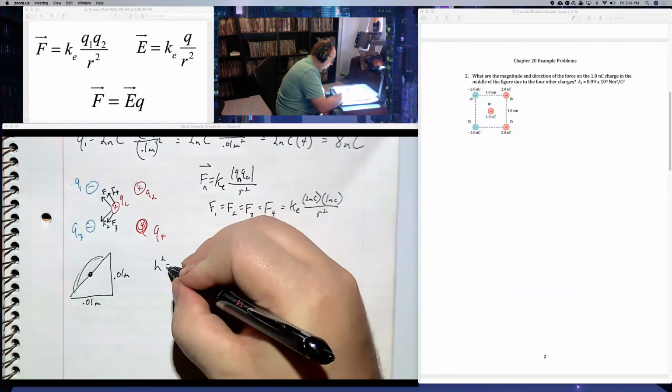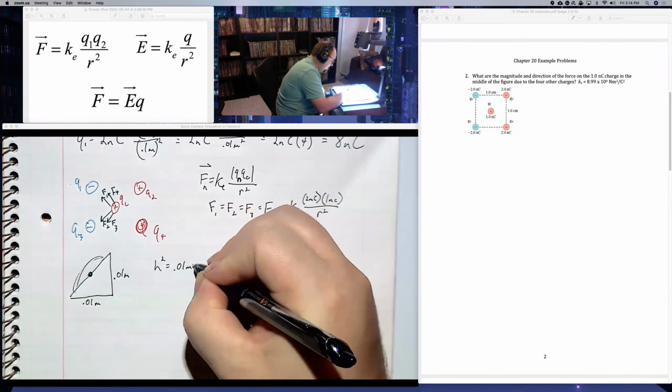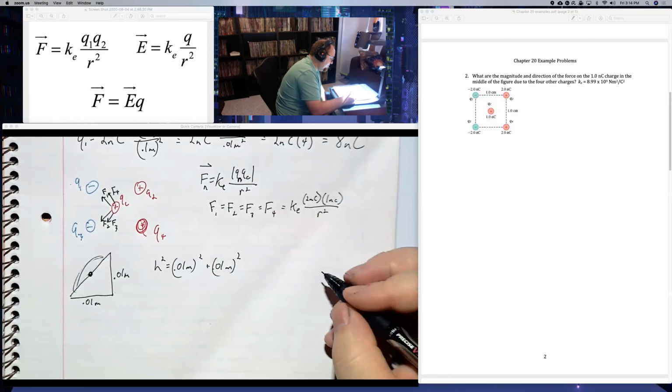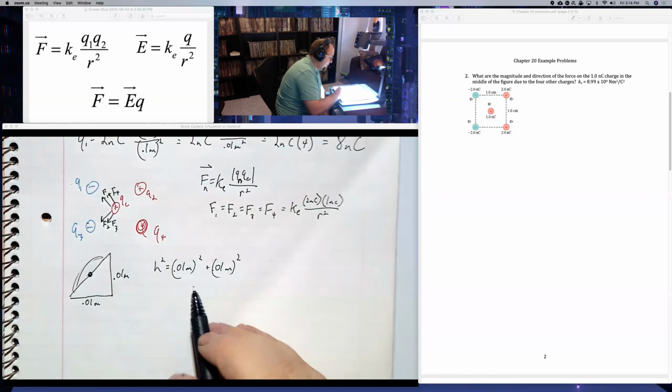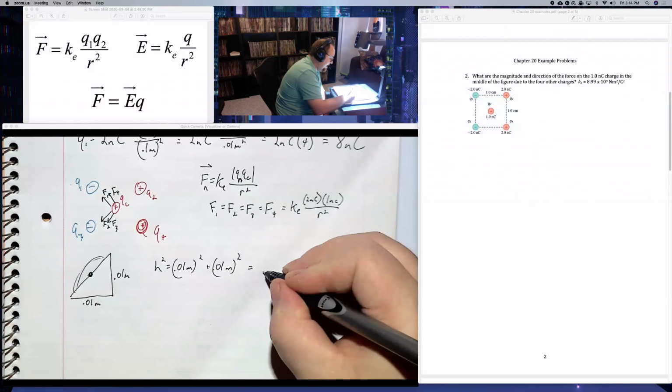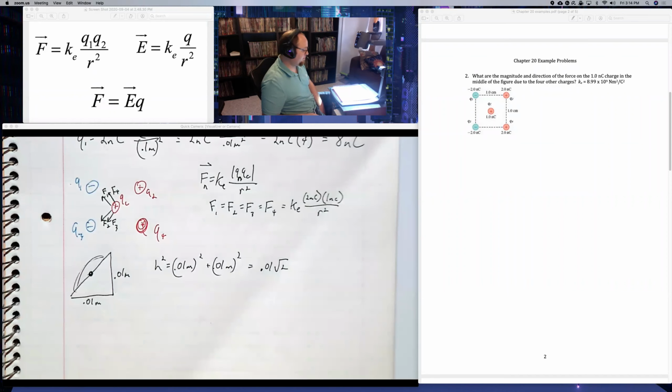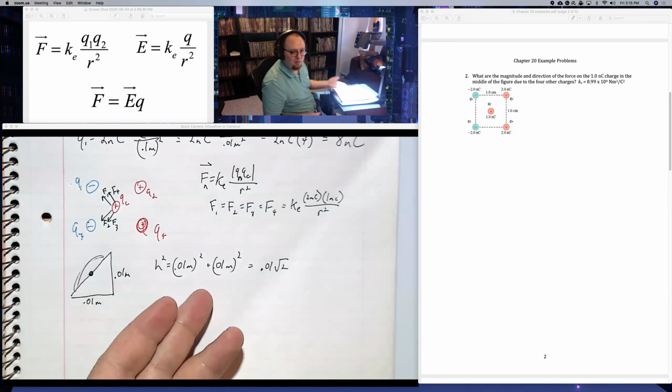The hypotenuse squared is 0.01 meters squared plus 0.01 meters squared. I'm going to skip over the math, but I'll square this, add together, take the square root, and that'll be 0.01 times the square root of 2. I just know that because of trig identities. If people want me to walk through that slower, I can.